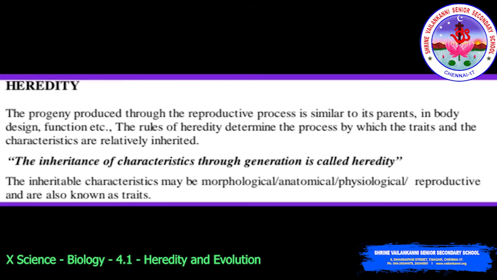The inheritable characteristic may be morphological, anatomical, physiological or reproductive, also known as a trait. So what is a trait? It is an inheritable characteristic feature, depending on the morphological, anatomical, physiological and reproductive features.